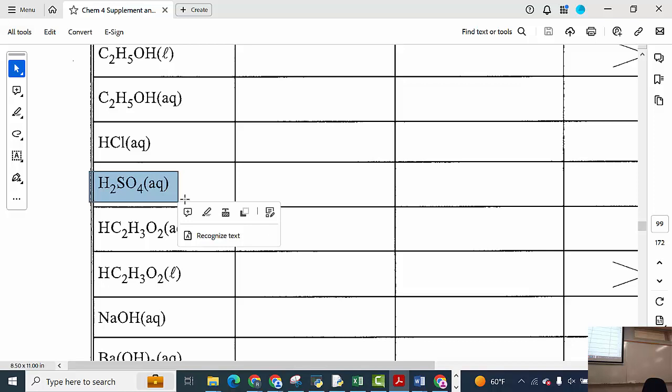And so what's the name of this acid? Sulfuric acid. Sulfuric acid isn't as common in lab. It's still fairly common, but we'll try it. Sulfuric acid, strong or weak? Strong. And so do you see the bulb lit up? Pretty bright. Strong.